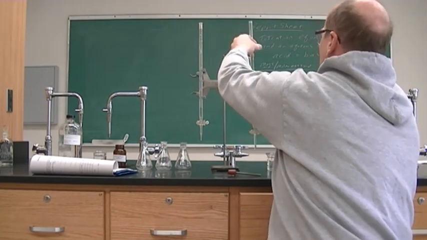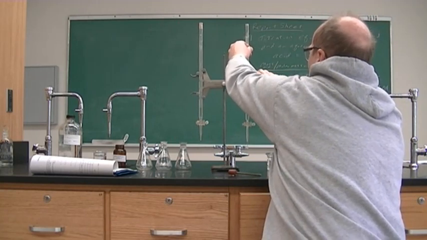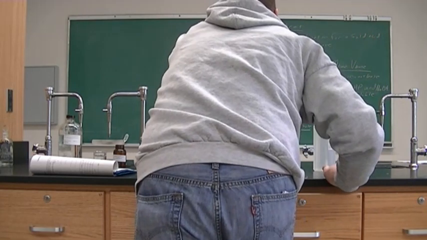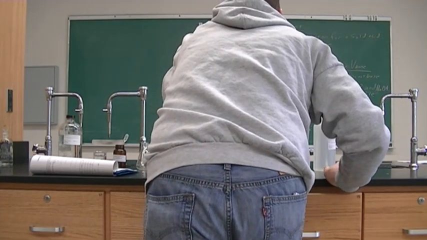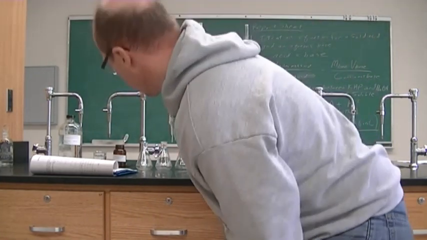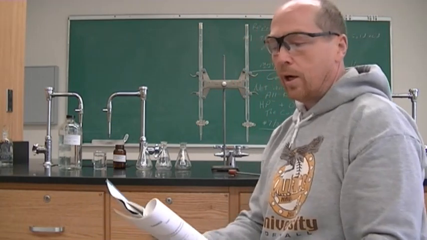Alright, so now we're ready to take our initial reading for our NaOH. 0.52. And so your initial volume is 0.52 for your NaOH. All right, so now we are on number 3.